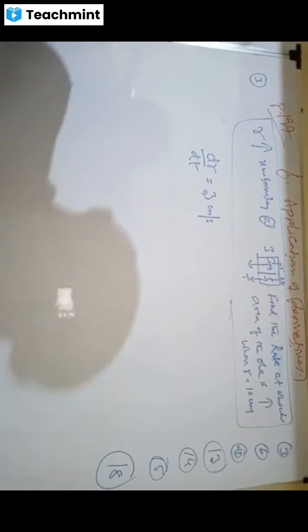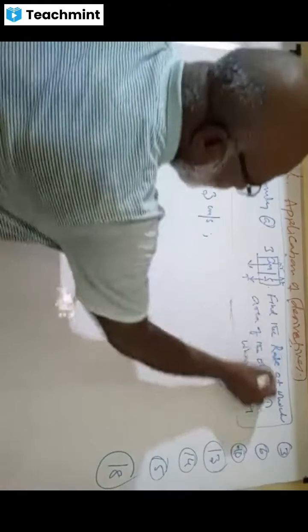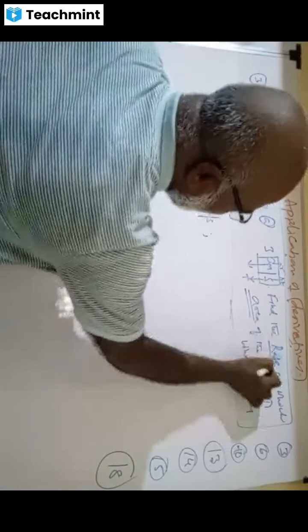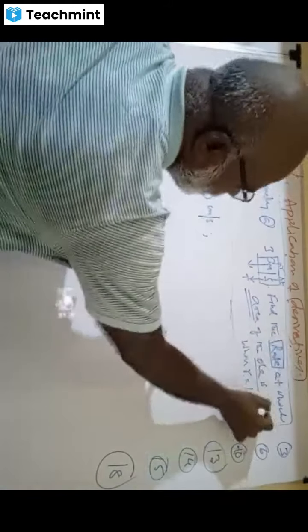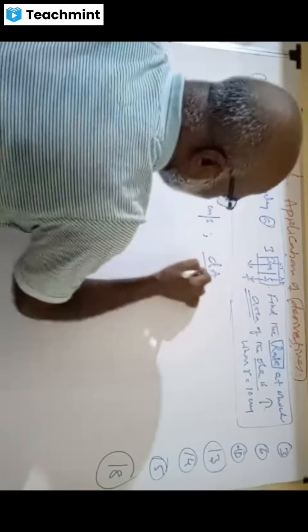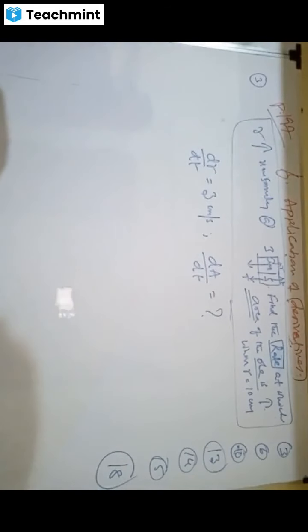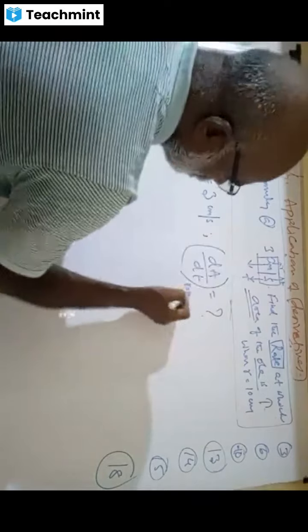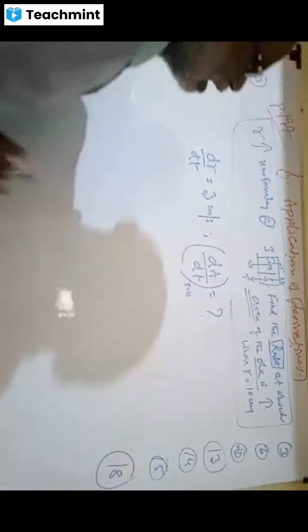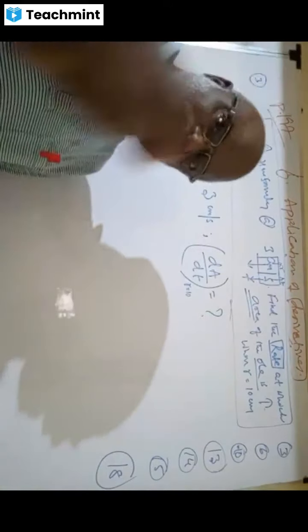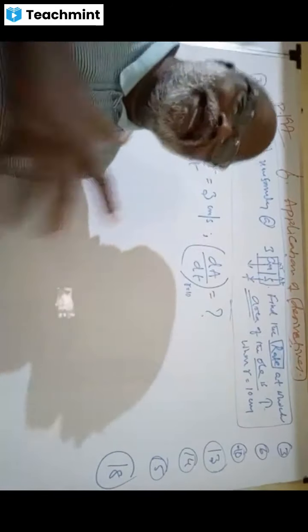Now you have to find out the rate at which the area of the circle is increasing. He said a rate, but the second quantity he didn't mention. Therefore, as I told you earlier, it is dA by dt when r is 10. We substitute r is 10 at the end. That means you are differentiating with respect to time.